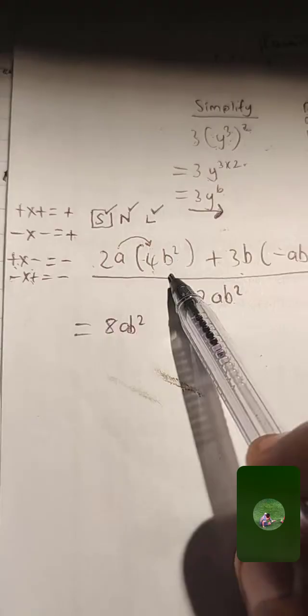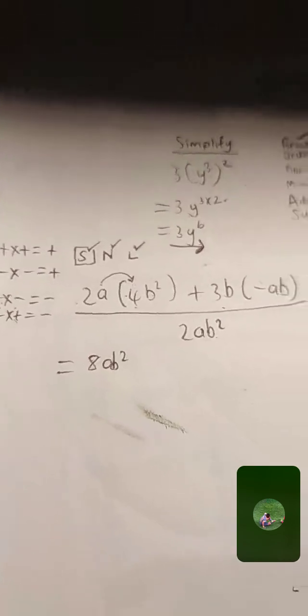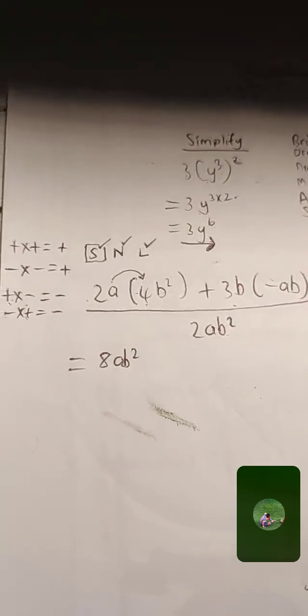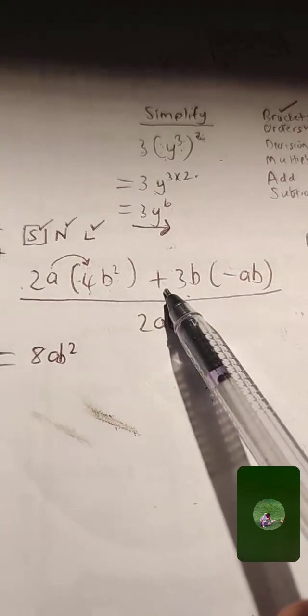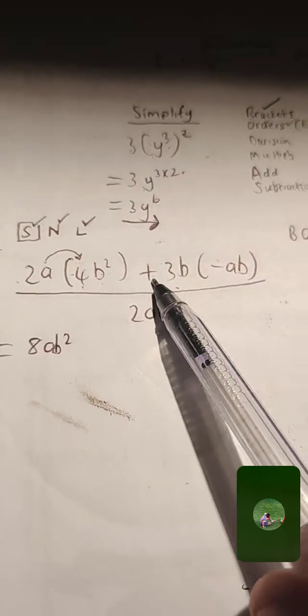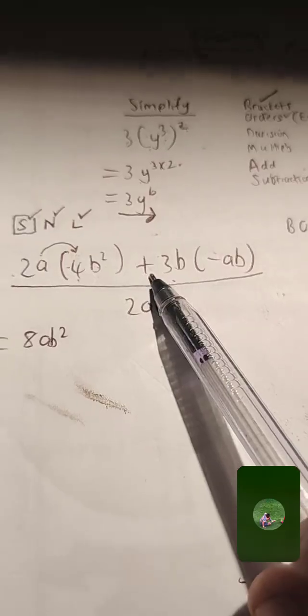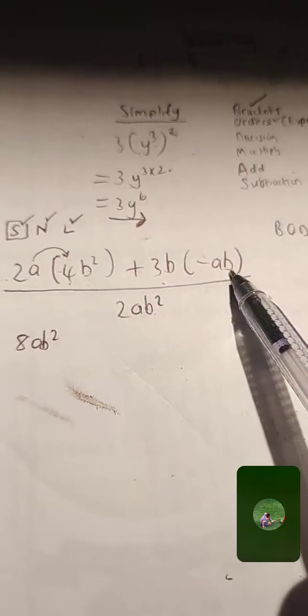Do you see my answer that I got from multiplying the sign, the number, the letter? We say 2 times 4, we get 8, and positive. Exactly.